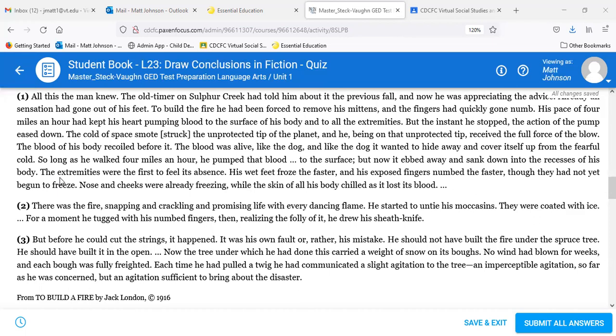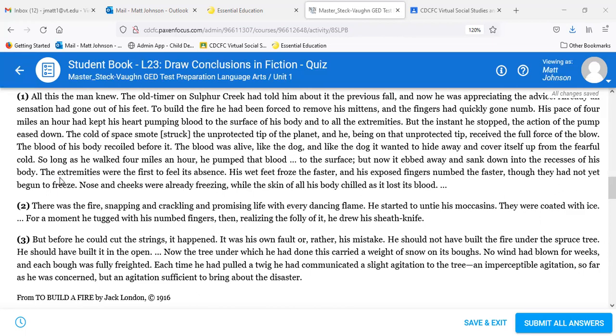For a moment, he tugged with his numbed fingers, then realizing the folly of it, he drew his sheath knife. But before he could cut the strings, it happened. It was his own fault, or rather, his mistake. He should not have built the fire under the spruce tree. He should have built it in the open.